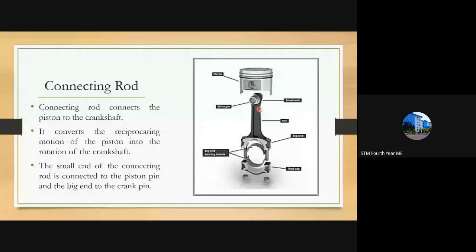The force that occurs at the piston transfers to the connecting rod, and thereby to the crankshaft. Due to that high force, this big end must not have any failure. The maximum force will be occurring at this end, so the connecting rod must not fail under this working condition. Providing a big end will result in a longer life of the connecting rod. That is why a big end and a small end are provided in the connecting rod.